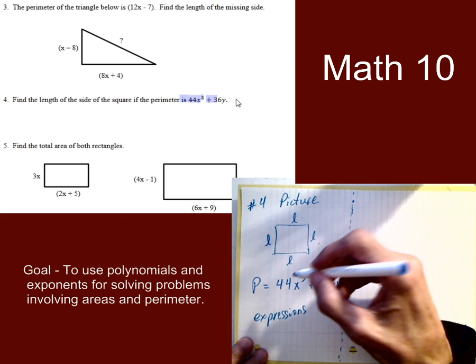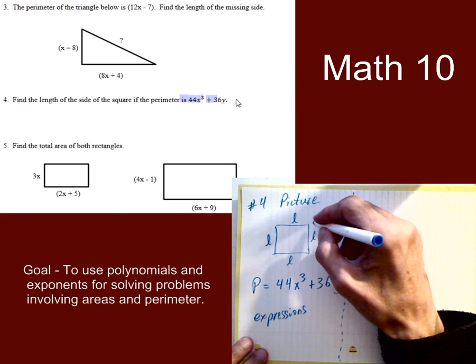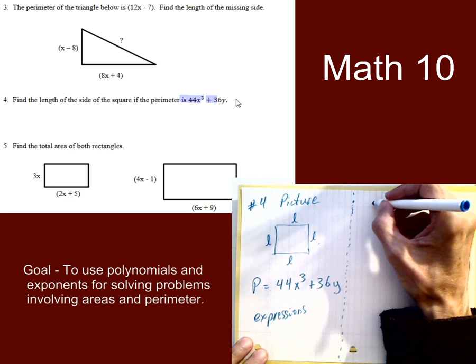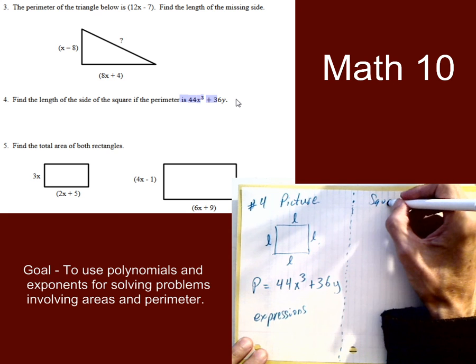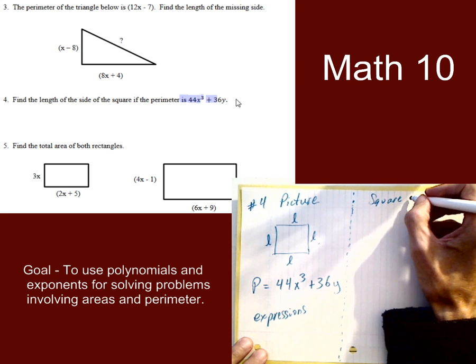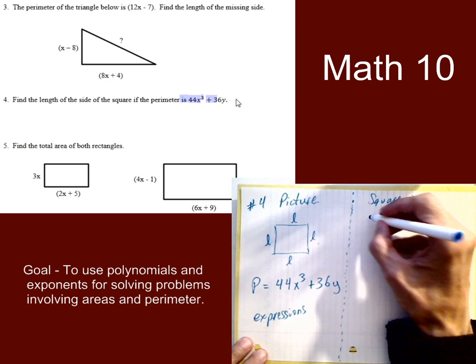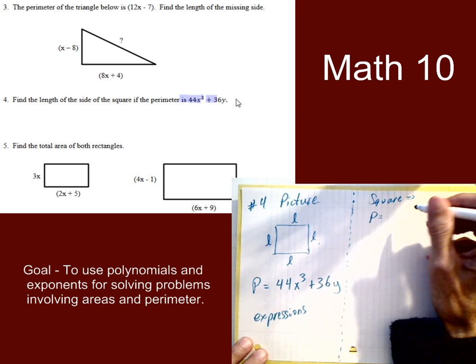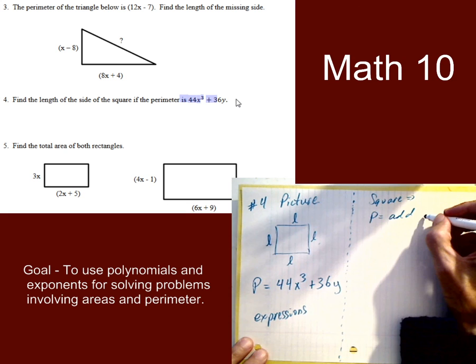So, because this thing is a square, I happen to remember, well, actually not because of that, for any perimeter, just add up all the sides, right?